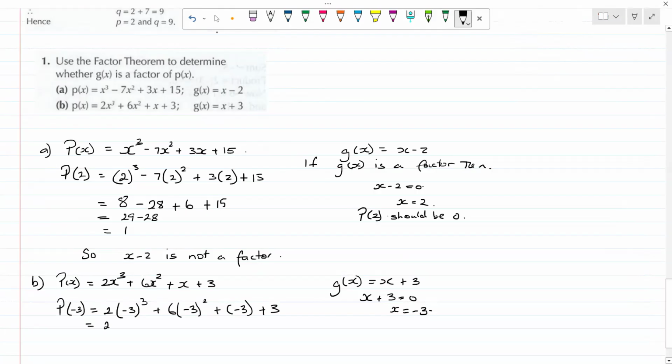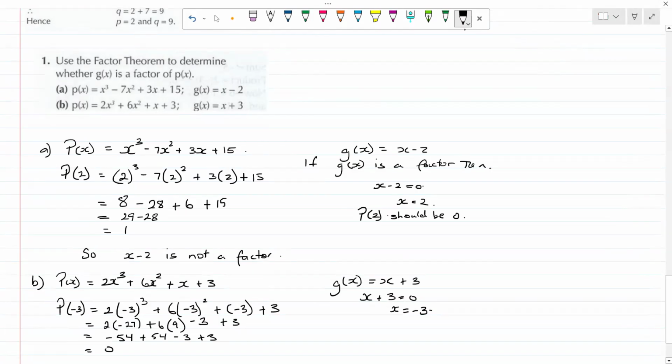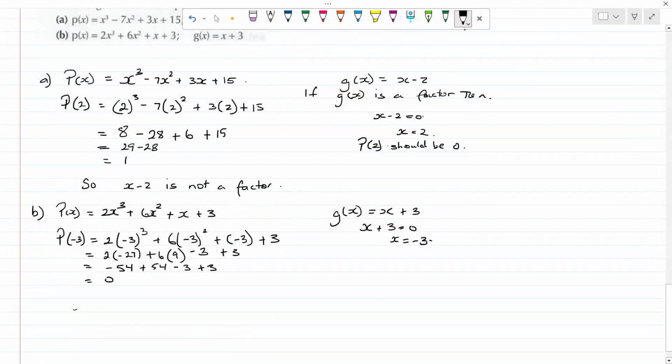We will get 2 by -27 plus 6 by 9 plus 1 by -3 plus 3. -54 plus 54 minus 3 plus 3. This is equal to 0. So that will mean that x minus 2 is a factor.